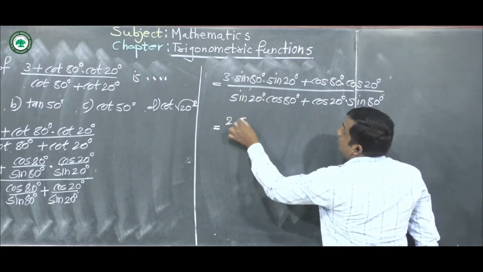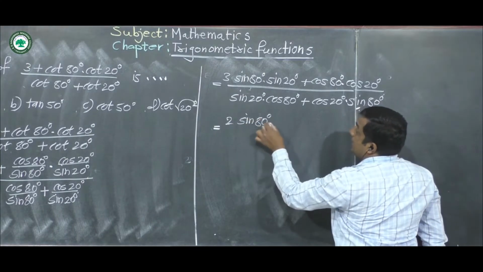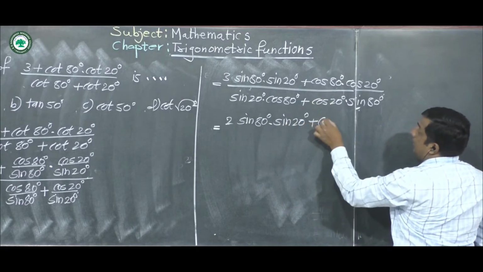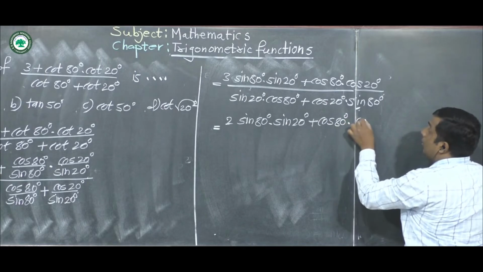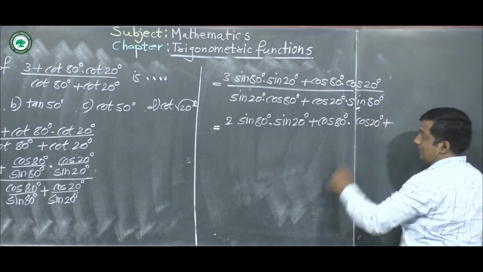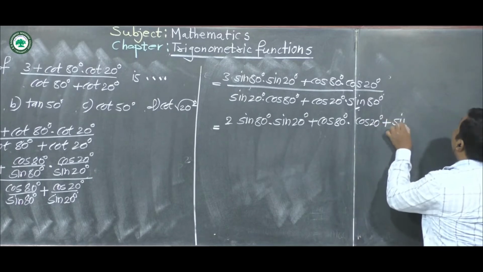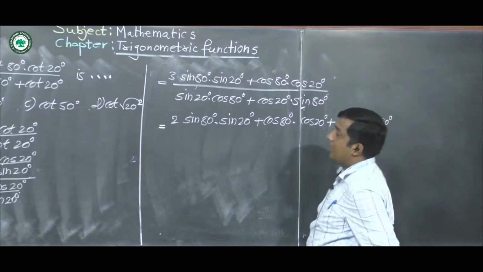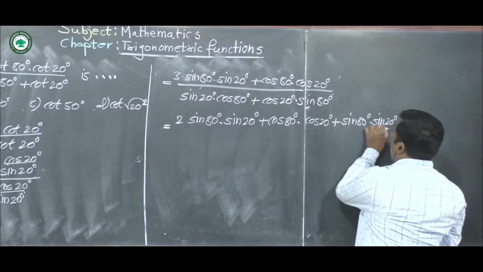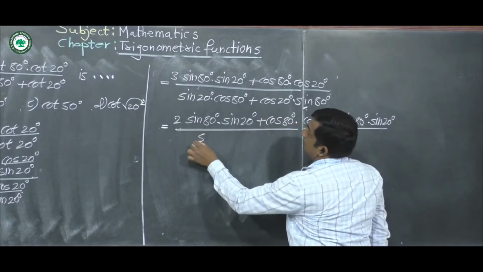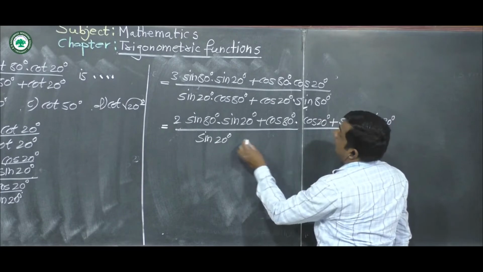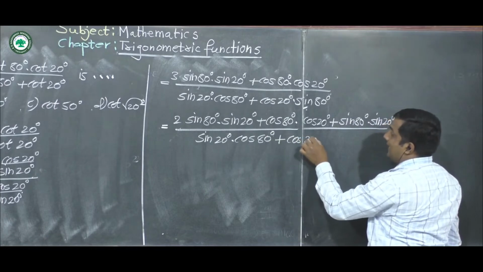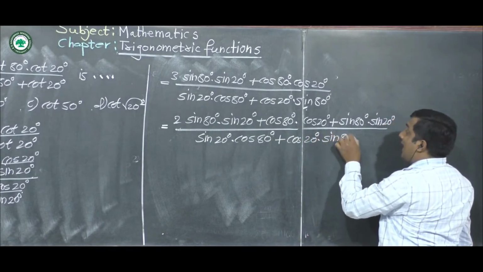So we have 2 sin 80° sin 20° + cos 80° cos 20° + sin 80° sin 20°, and this whole divided by (sin 20° cos 80° + cos 20° sin 80°).